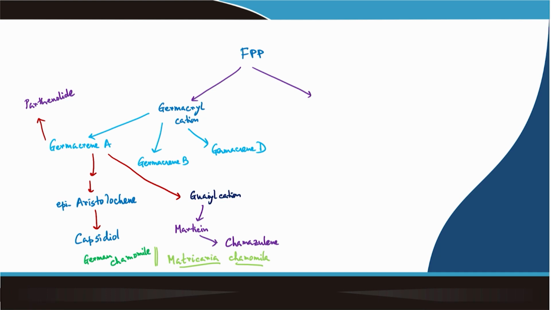And from FPP another cation is formed, which is germacryl cation. Okay, germacryl cation I have said. The germacryl cation also contributes to patchoulol.